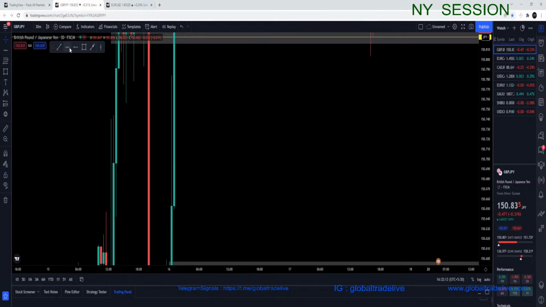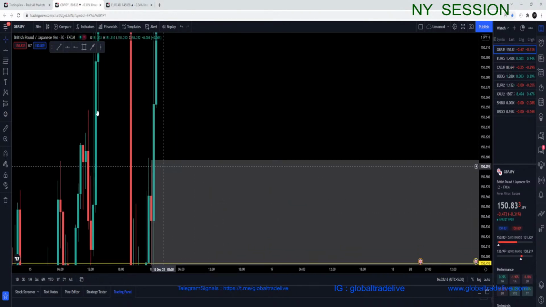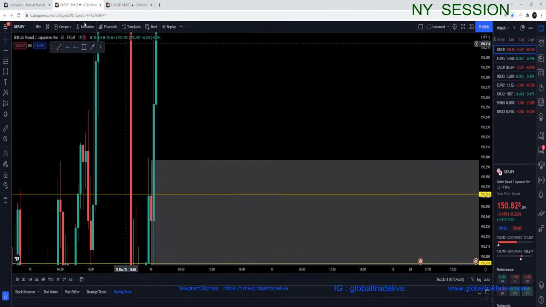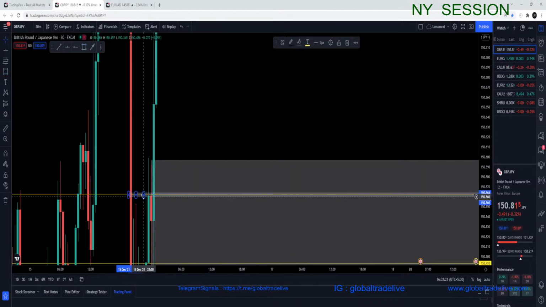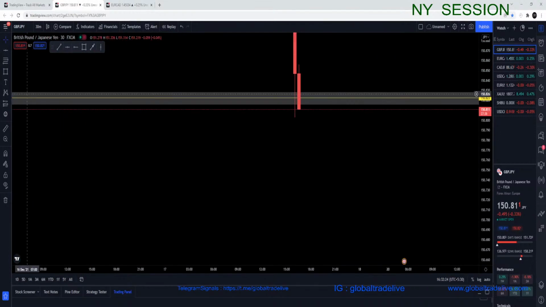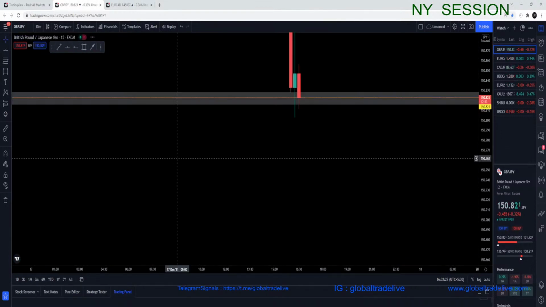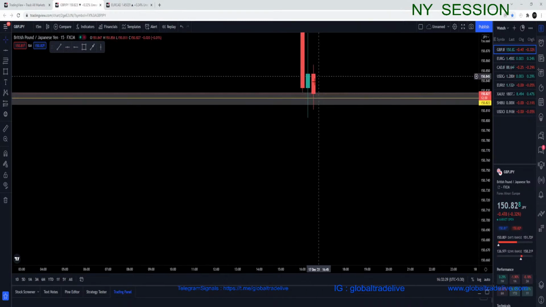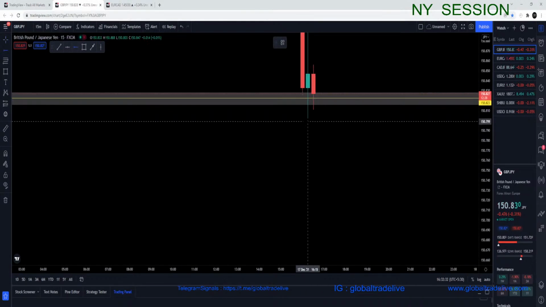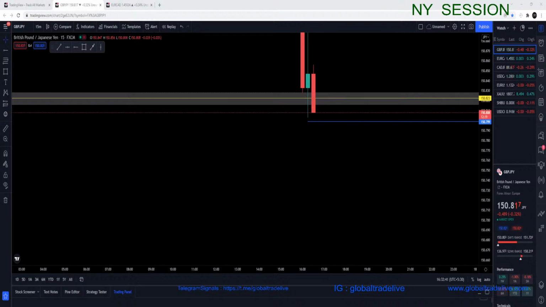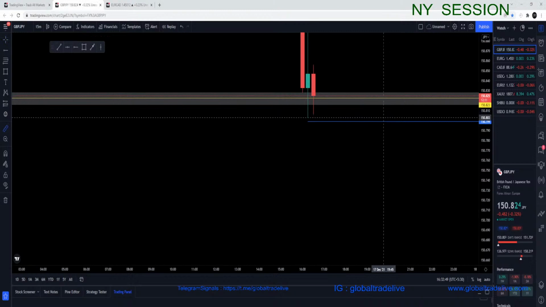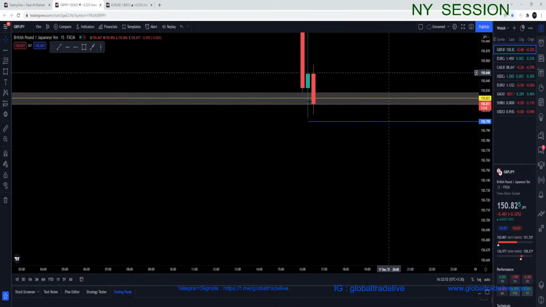Yeah, it can possibly move down towards this area over here. So that's why I'm just waiting for this candle to break the low of the previous one, and with volume it will be moving all the way down, I think. Stops will be 6 pips.